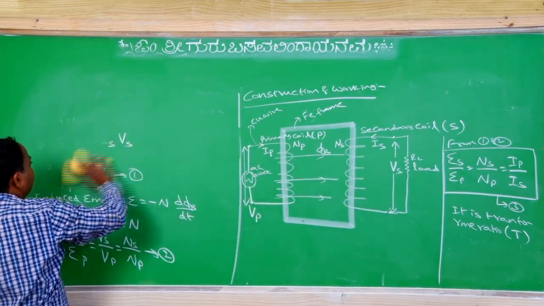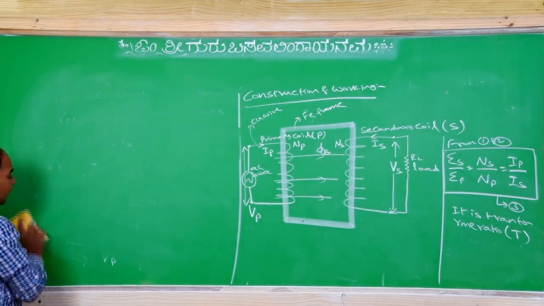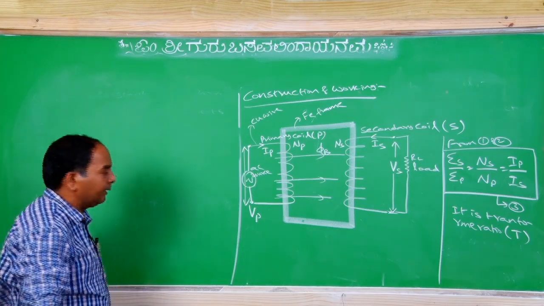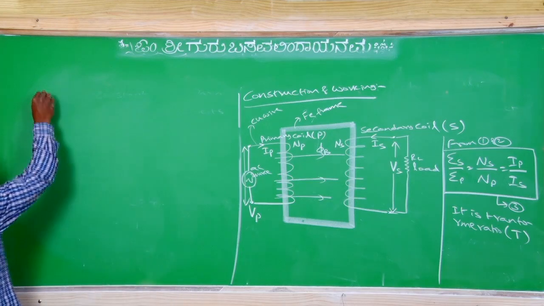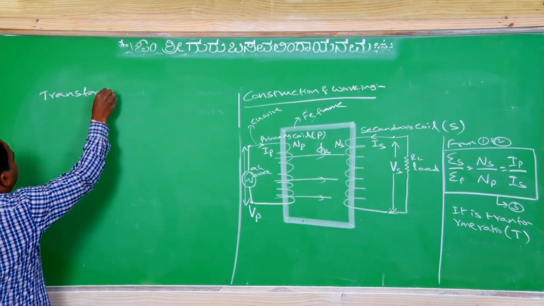Now, according to the transformer ratio, the transformers may be classified into two types. Transformers may be classified into how many types? Two types. What are those?